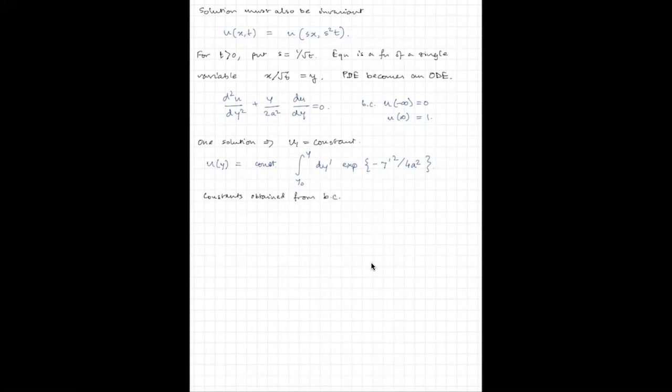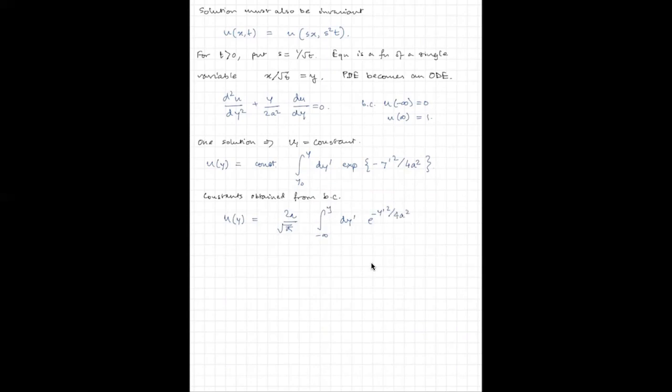And what you have is u of y equal to twice a over root pi, integral from minus infinity to y of dy prime e to the minus y prime squared by 4a squared.